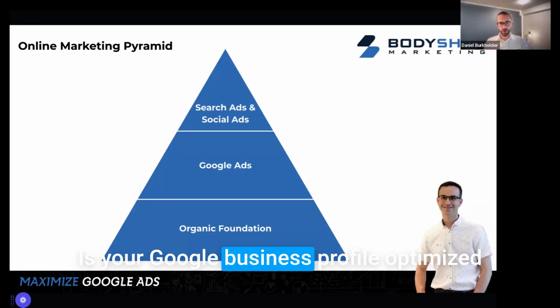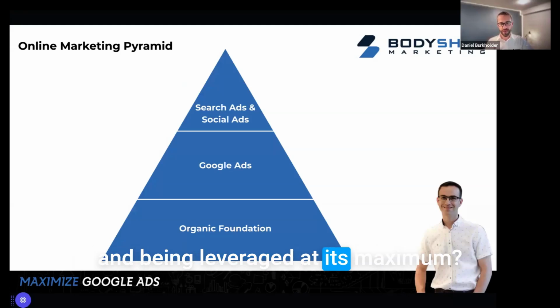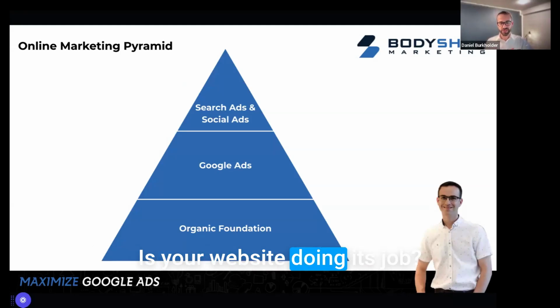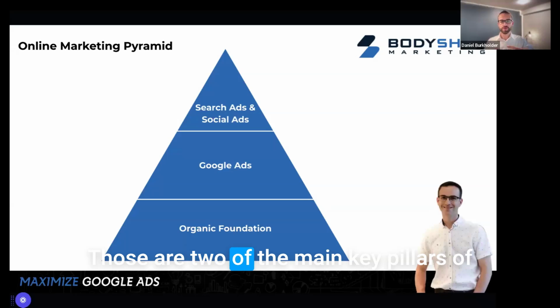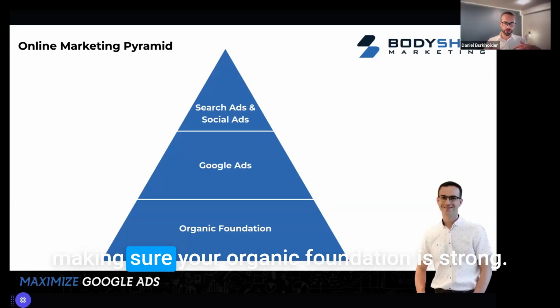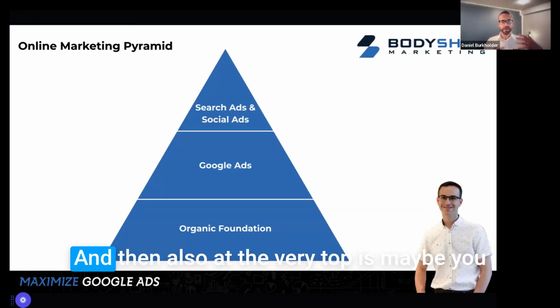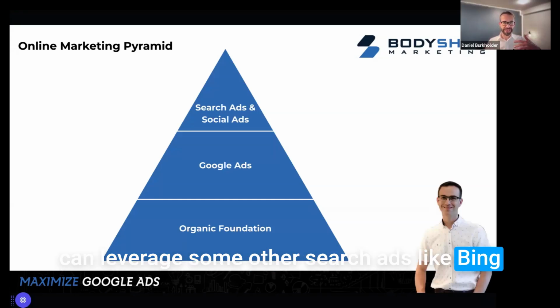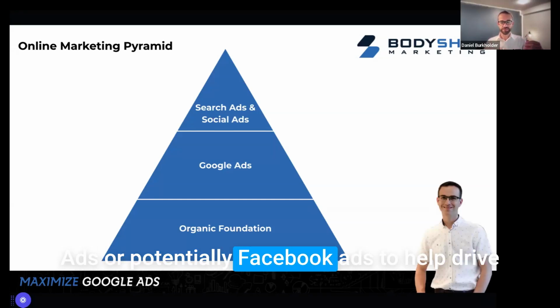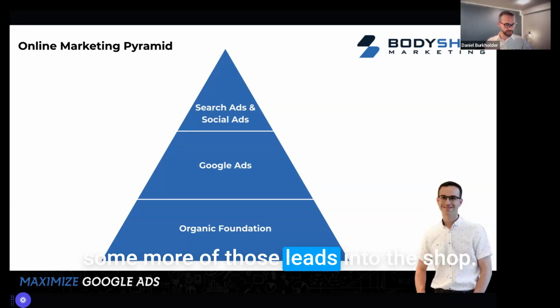Is your Google business profile optimized and leveraged to its maximum? Is your website doing its job? Those are two of the main pillars of a strong organic foundation. Then Google Ads is a good supplement to that. And at the very top, maybe you can leverage some other search ads like Bing ads or potentially Facebook ads to help drive some more leads into the shop.